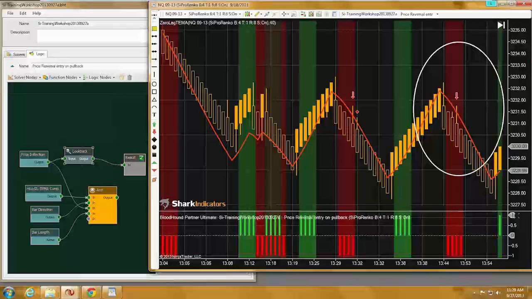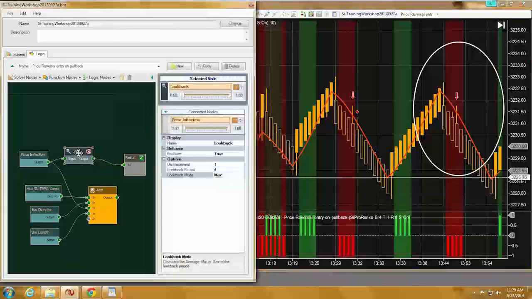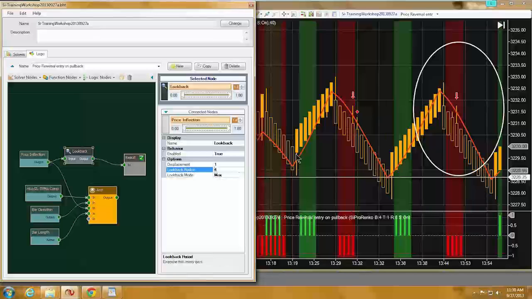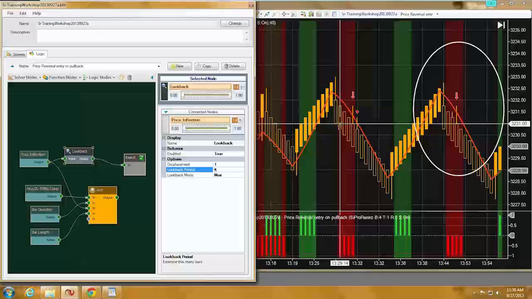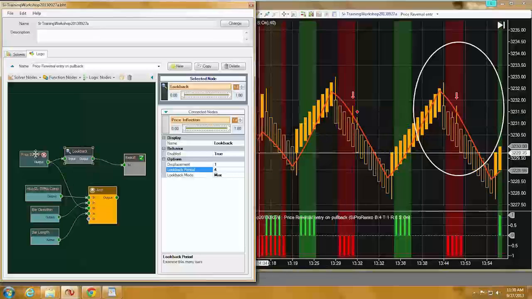The technical term for that is a confidence value of 1, or another way of saying that is 100%. So when the Lookback node is looking back 4 bars, it's looking for a confidence value coming into it.